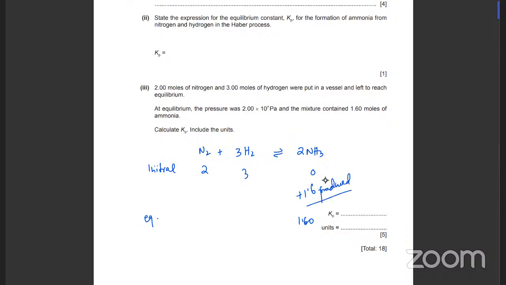So use ratios. How much H2 would react? 2:3. If 1.6 are getting produced, 2.4. 2.4 moles of H2 must have reacted, right? And 0.8 moles of N2 must have reacted, right?